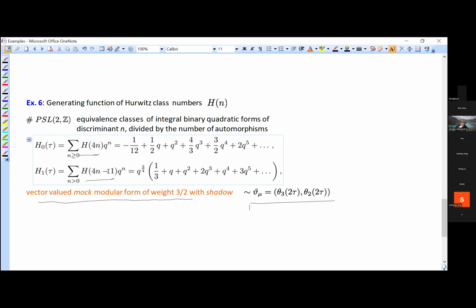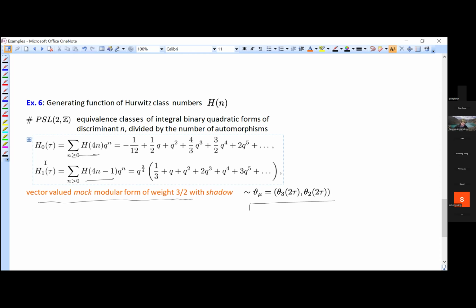What's in your definition, number of equivalence classes with fixed discriminant? What is 0 and 1 then? For 0, actually, yeah, there is no. So this number minus 1/12 is not, of course, the number of equivalence classes divided by something. So you just add this number by hand. If you have a collection of numbers H_n, you just form a generating series H_n and the power q^n.